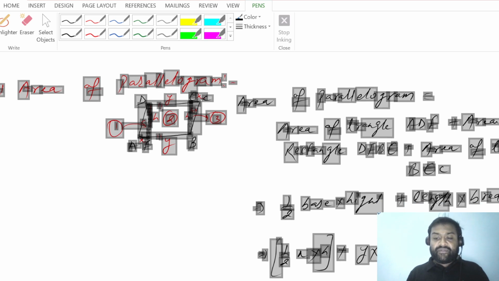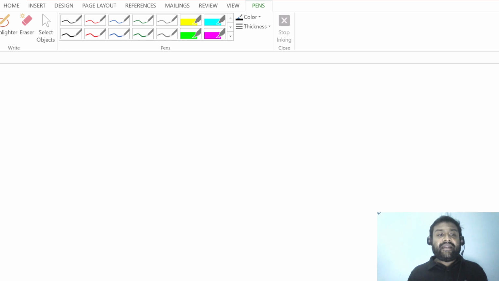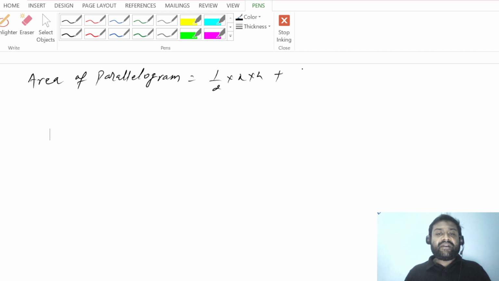So I'll remove this all, and now we can see what we have seen. The area of the parallelogram was half x into h plus x into h plus half x into h.